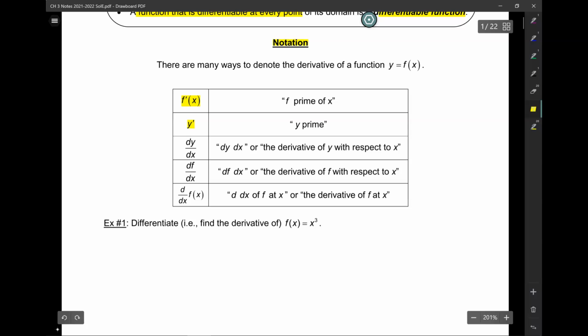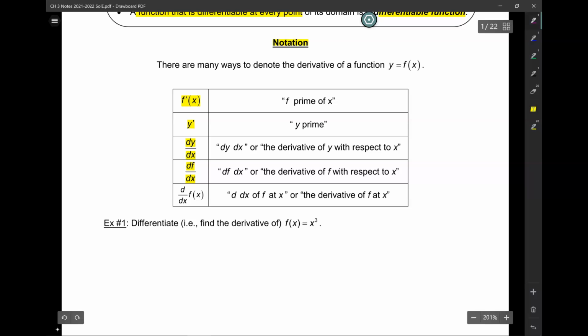We could call it dy dx. That's how it's read, not dy, it's dy dx. That's the cool lingo. Dy dx means the derivative of y with respect to x. Since y and f are the same, it's also called df dx.